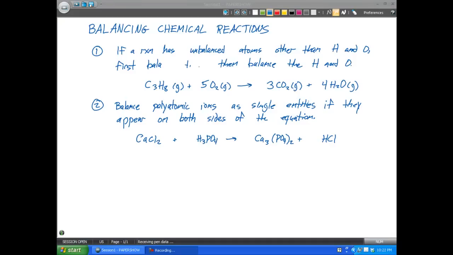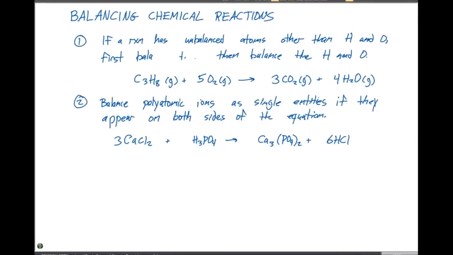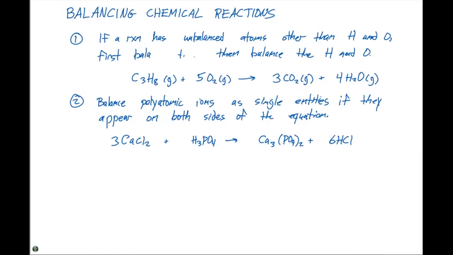So if we look here, one of the first things we could do is balance the calciums. So we have 3 calciums on the right, only 1 on the left. So we're going to put a 3 in front of that CaCl2. That will give us 6 chlorines on the left. We only have 1 on the right, so we're going to put a 6 in front of that HCl.